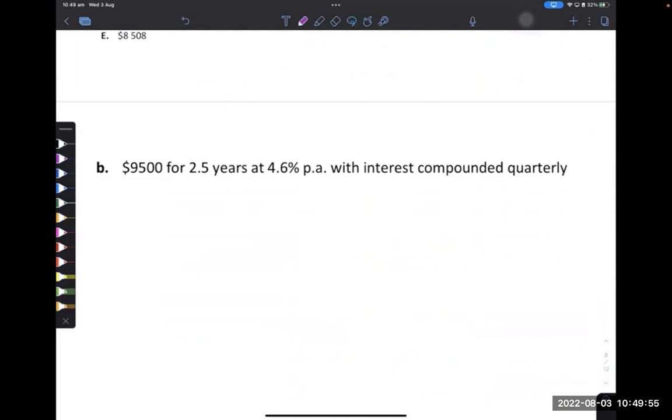So for those who've already done this, I'm going to go through it now. 2.5 years is your Y or your T. 4.6% per annum is your R. It's the idea of compounded. So the equation that you'll be using is the A equals. And this idea of quarterly means that C is equal to 4.